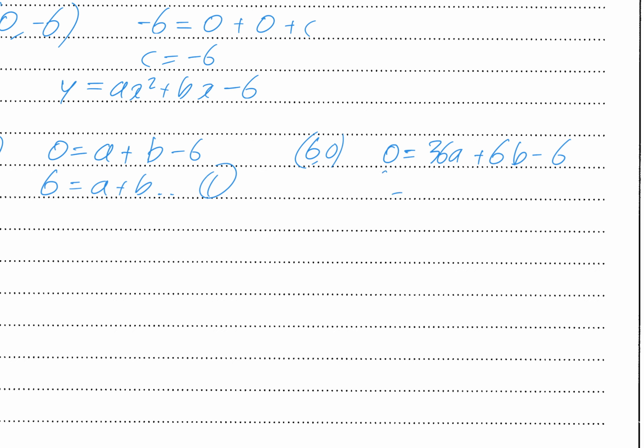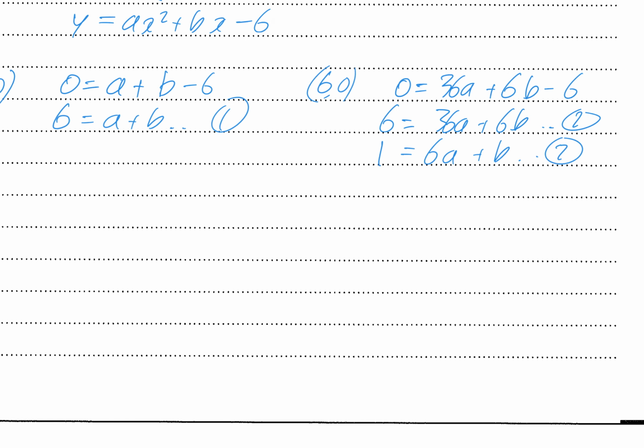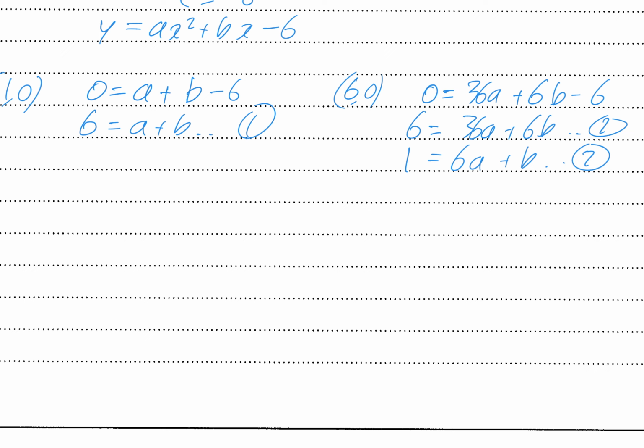So 6 is equal to 36a plus 6b. That's equation 2. I could divide that one by 6 to give you 6a plus b as my equation 2. And then we'll solve those. So we've got those two equations. 6 equals a plus b as my equation 1. 1 equals 6a plus b as my equation 2.